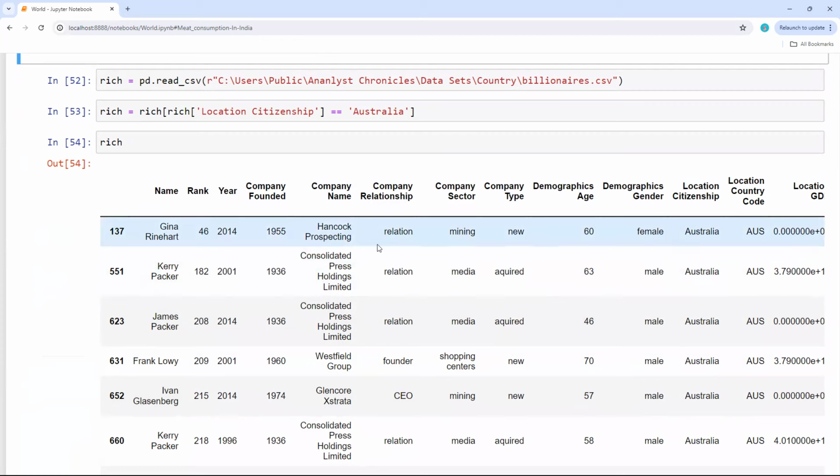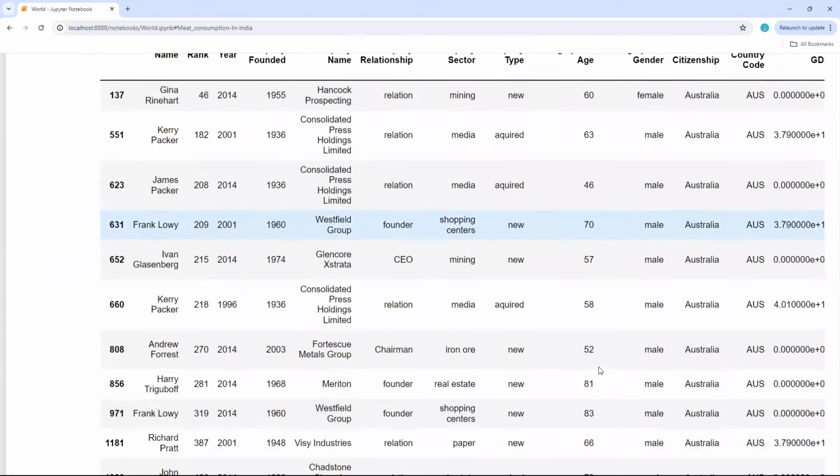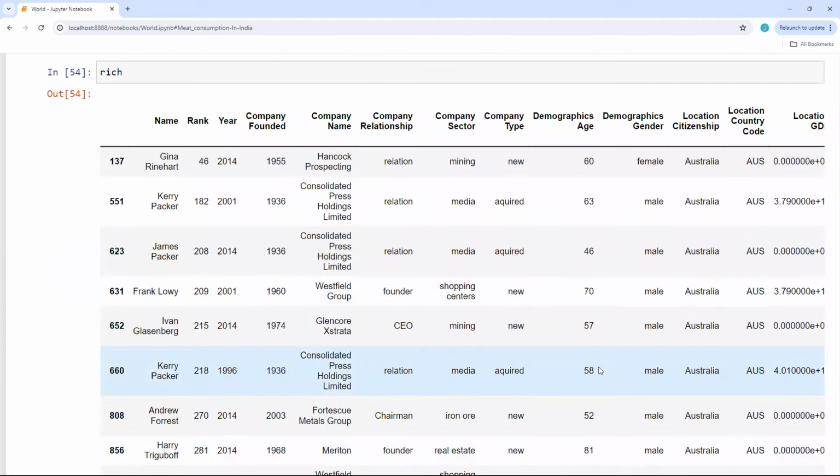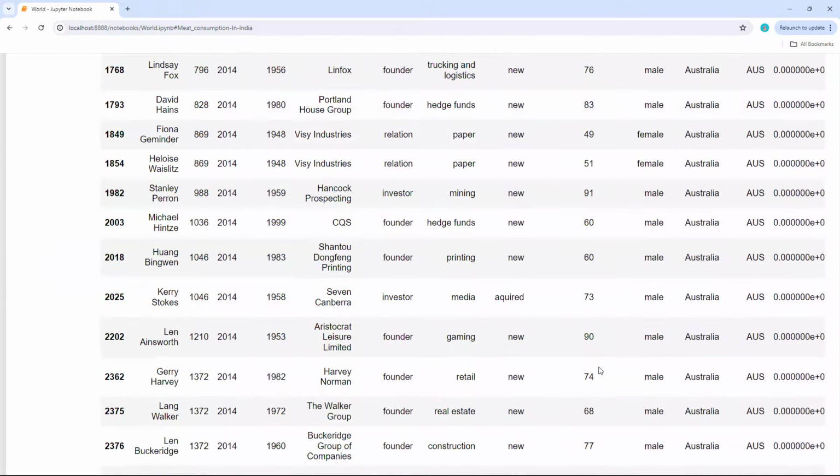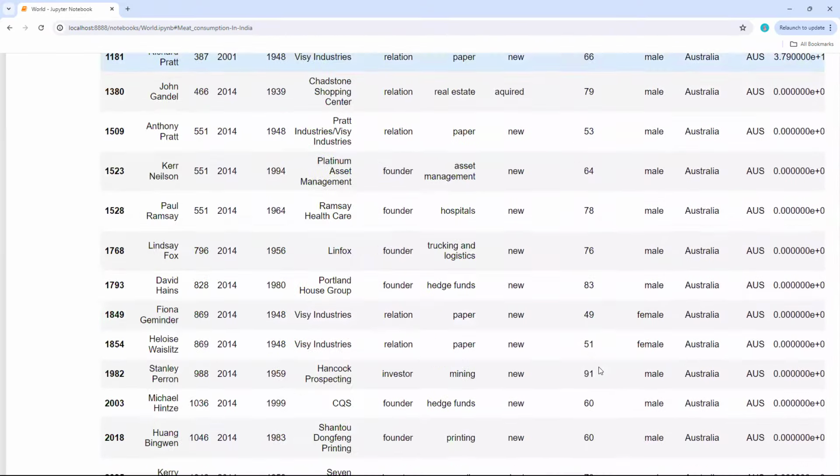The company name is Hancock Prospecting, and the company sector is mining. So she's from the mining industry, like we discussed about what mines are present in Australia. Age is 60 and she is female, with Australian citizenship, and location country Australia. So these are the list of billionaires from Australia.